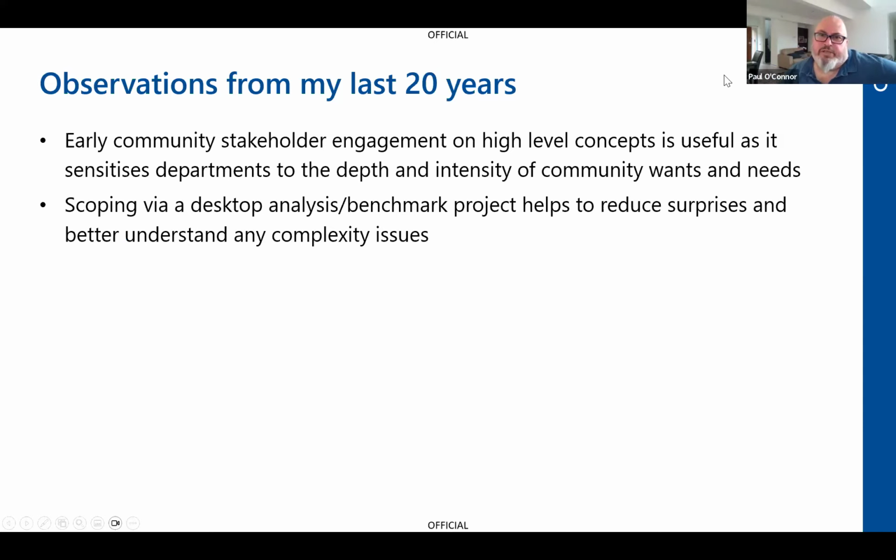I think doing these benchmark scoping exercises is really important, and we often don't see enough of that. There's a lot of money thrown at projects, particularly in the planning phase. A lot of money gets spent on consultants and economic people, but not much gets spent on designers and engineers to come and do some sort of paper project, to do a concept project and test it, and even to get quantity surveyors in early to say, look at this general outline concept.